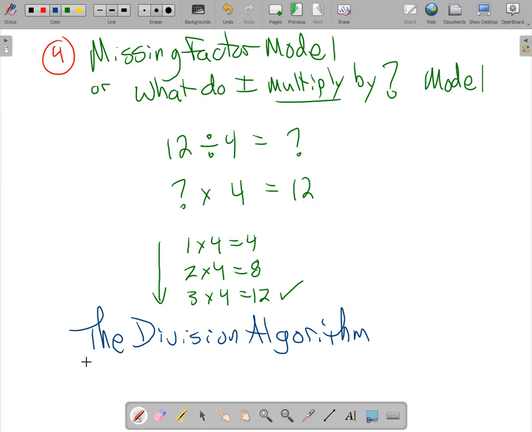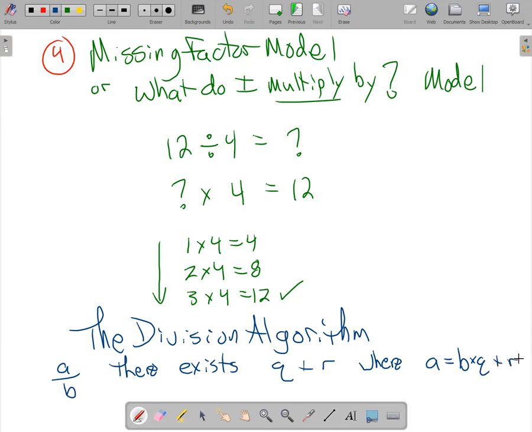And what the division algorithm says is for something like A divided by B, there exists a number called Q and R, where A equals B times Q plus R. And R is less than B. We'll unpack that in a second. And this is what's called the division algorithm.